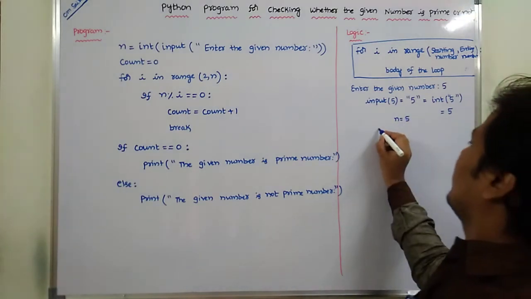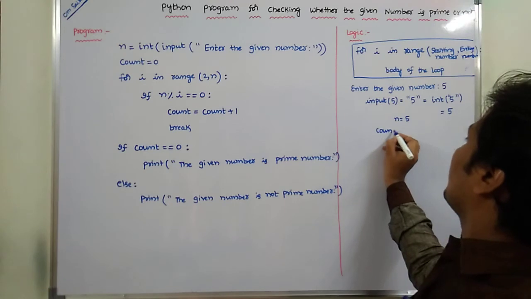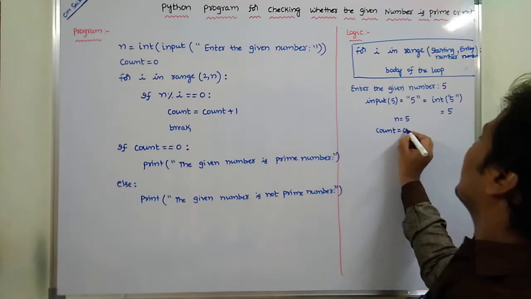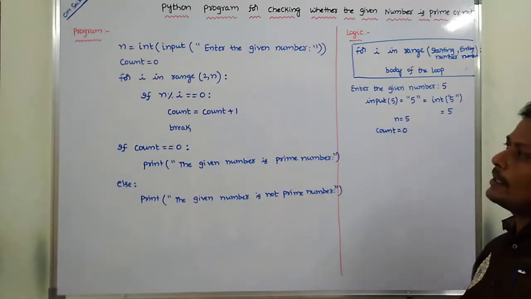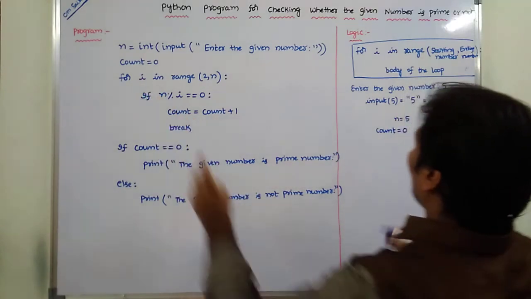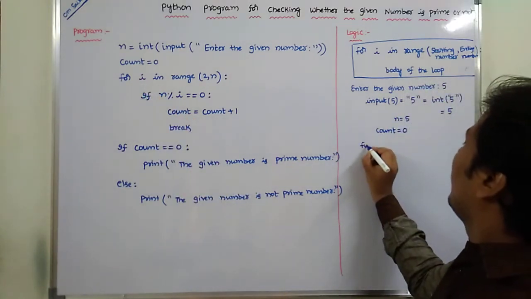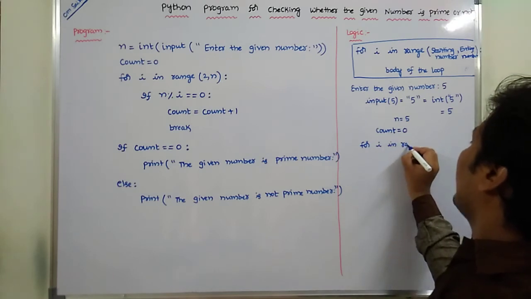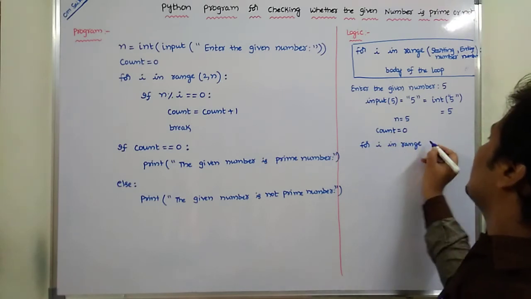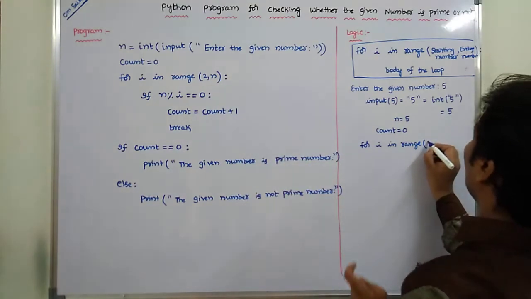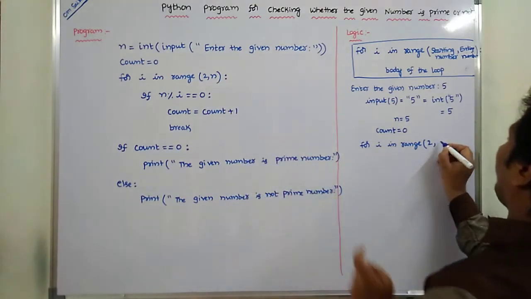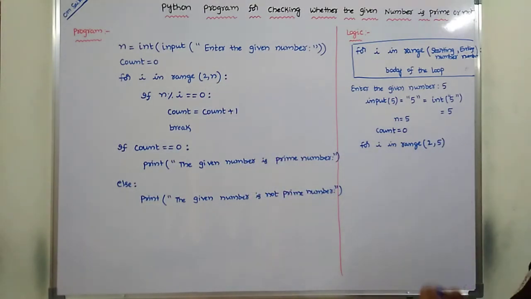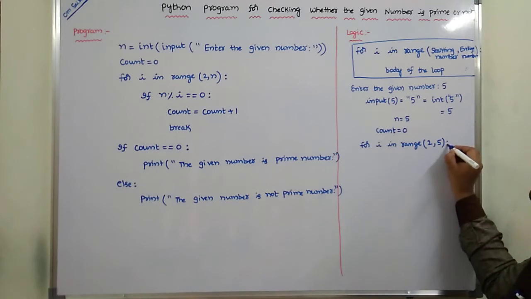Next, count is equal to 0. Initially the count value is equal to 0. Next, go to the for loop: for i in range, what is the i range? i starting from 2 and ending with 5. The n value is 5, so that is colon.